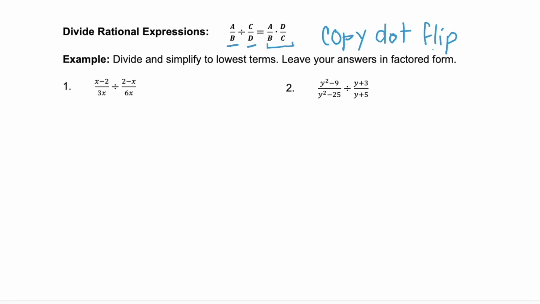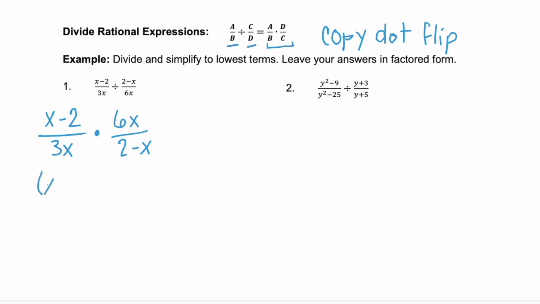Example number 1, we're going to keep our first rational expression, x minus 2 over 3x. We're going to change this to multiplication, and we multiply by the reciprocal, 6x over 2 minus x. And then we can just factor, multiply our numerators and our denominators together, and simplify.